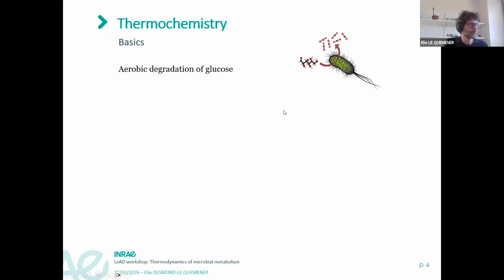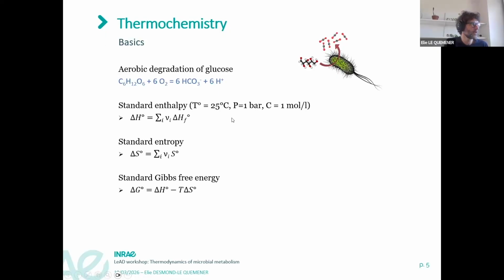So if we look at aerobic degradation of glucose, we can compute some thermodynamics quantities associated with this reaction. So you have this reaction of 1 glucose reacting with 6 oxygen and giving 6 carbonate plus 6 H plus. And in thermochemistry, we compute what we call the standard enthalpy, standard entropy, and standard Gibbs free energy, which is a combination of the enthalpy and entropy.